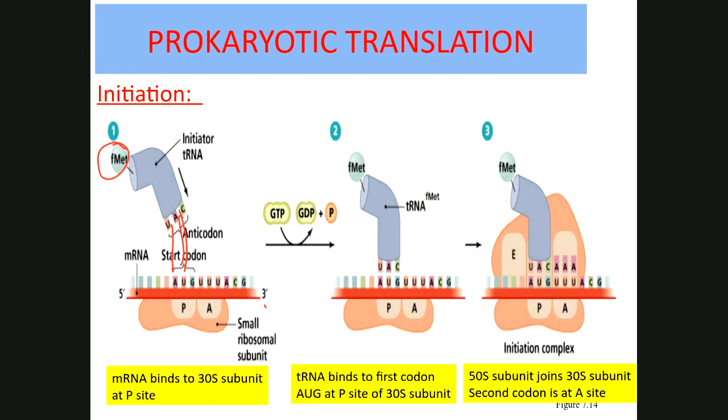The next codon is UUU. So the next transfer RNA that comes along is going to have AAA, that's going to match the UUU, and on the other side it's going to have the amino acid that UUU codes for.